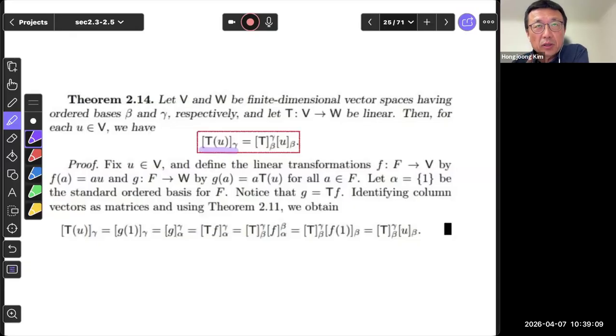This is the coordinate, the coefficients of the image T of U when the basis gamma is used.